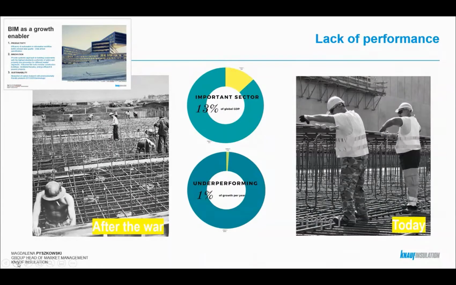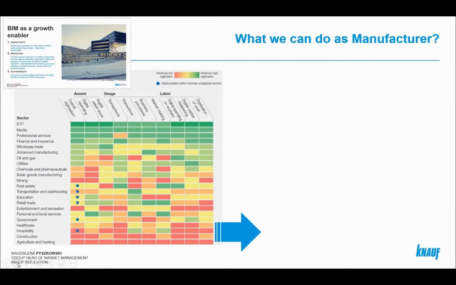You can just compare photos taken after the Second World War with photos of today from big construction sites in France, and you see that we are still working the same way. And this is in fact the same for digitalization. You probably know this scheme already. Construction is still considered the least digitalized sector.